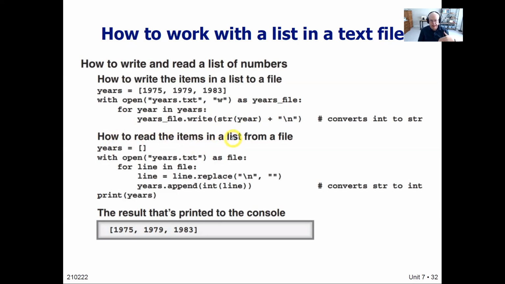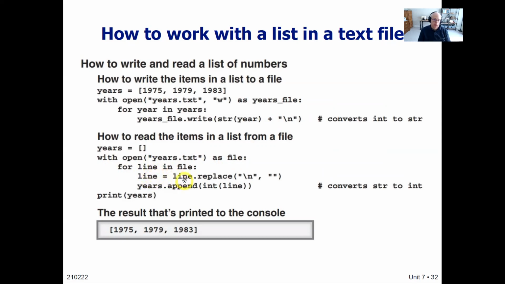To take them out of the data file and put them into a list in memory, we have to open up in memory an empty list, then run the with statement, which we have seen many times here. Remember, there's no mode here because read is the default. File is our object. So for each line in the file, it's a simple for loop here, then we're going to replace the end, which we saw in the previous example.